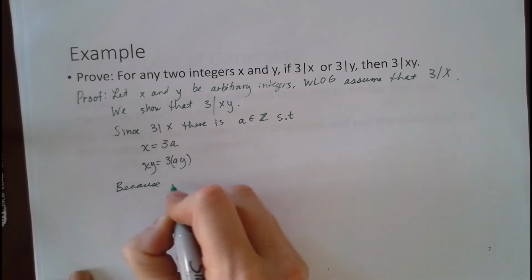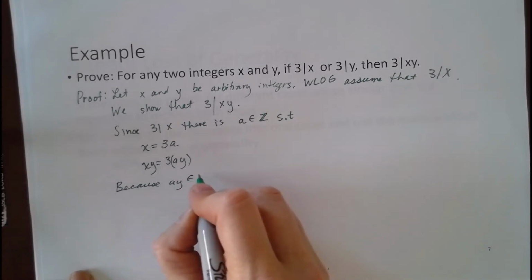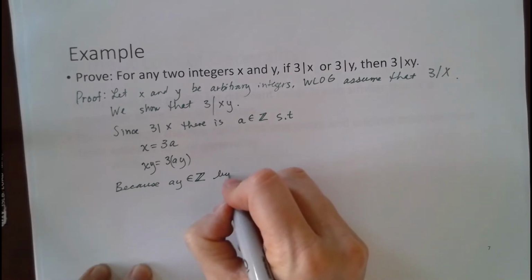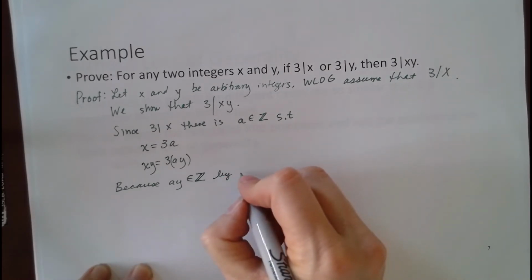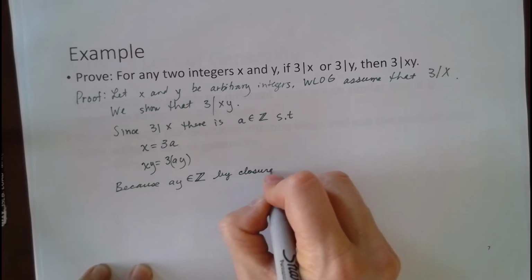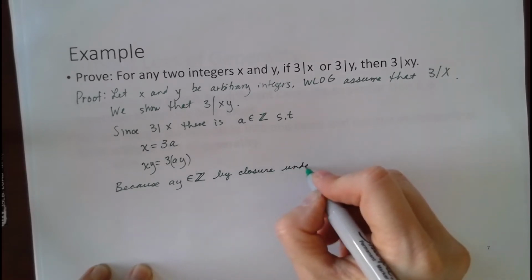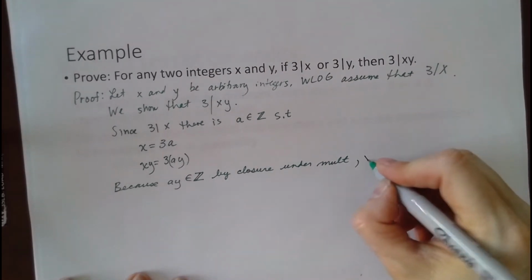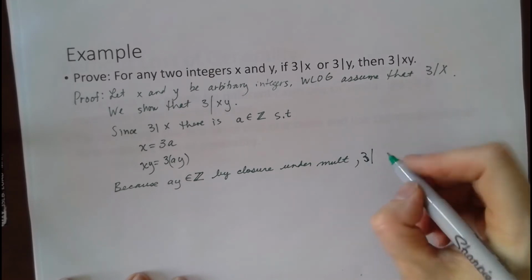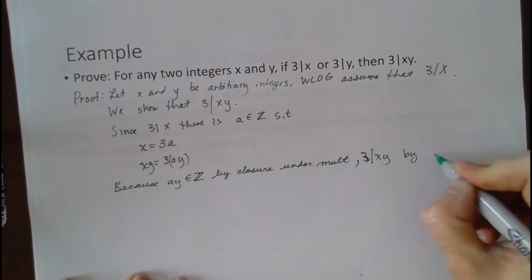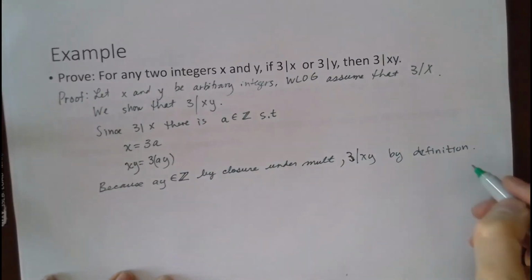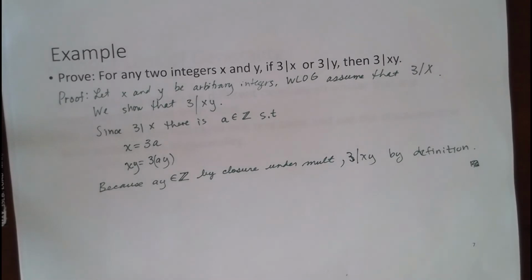So because ay is an integer, by closure under multiplication, 3 divides xy by definition. And that is what I set out to prove.